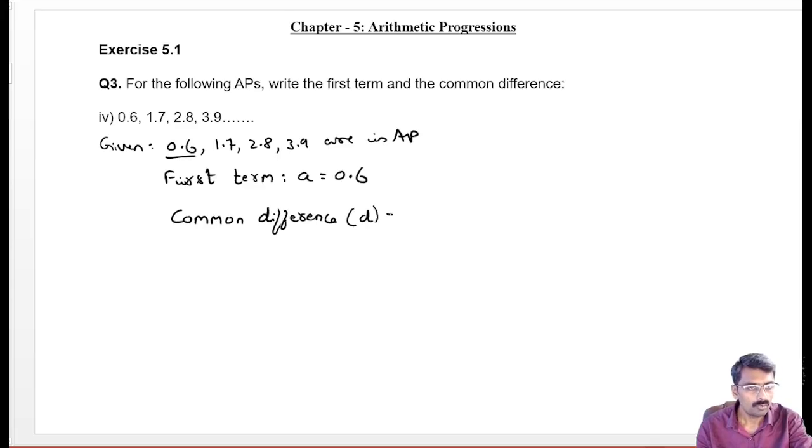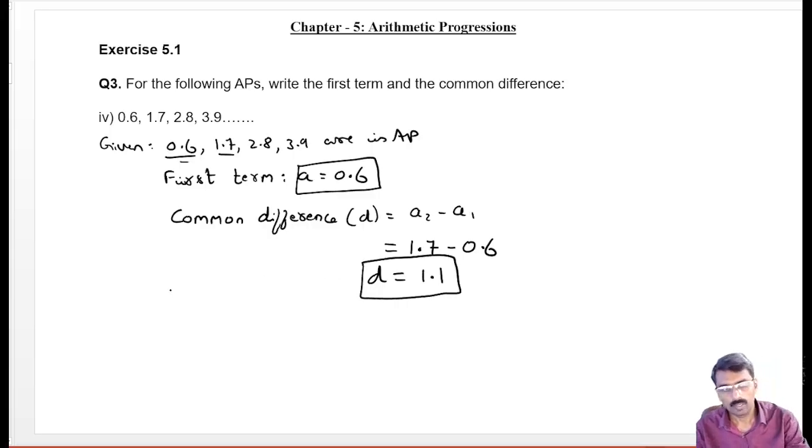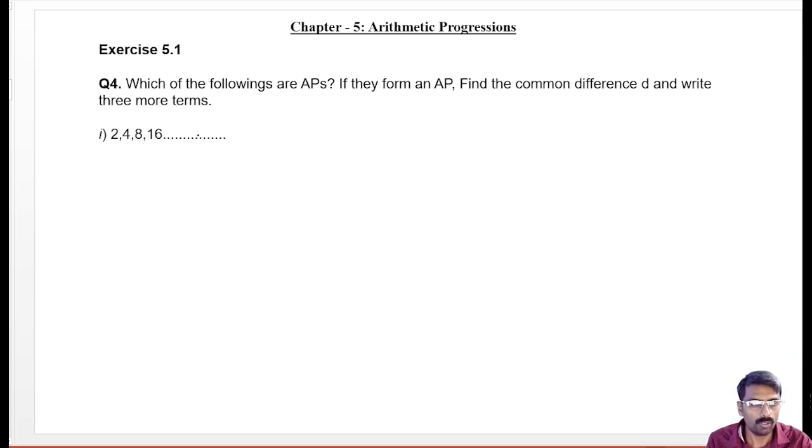Common difference D would be equal to A2 minus A1, current term minus previous term. So that is A2 is 1.7 and A1 is 0.6, that is equals to 1.7 minus 0.6, which would be equal to 1.1. So our answer is the first term is 0.6 and the common difference D is 1.1. We will move on to next question.